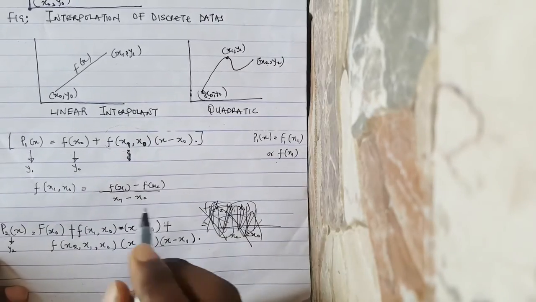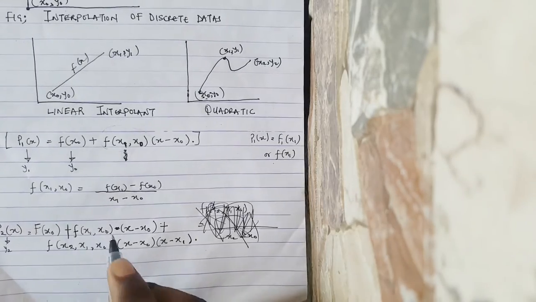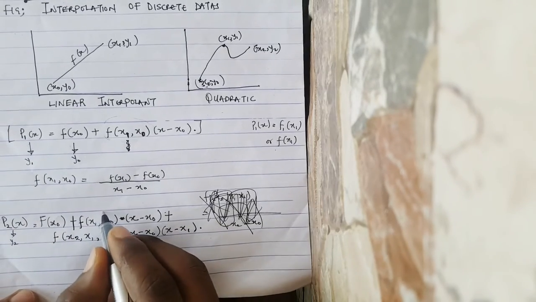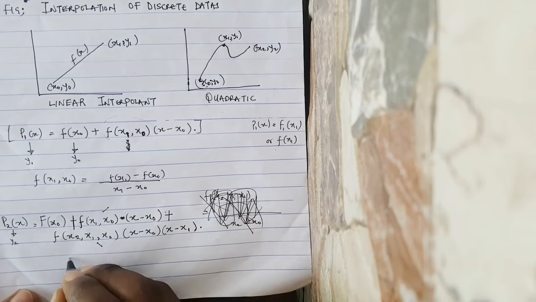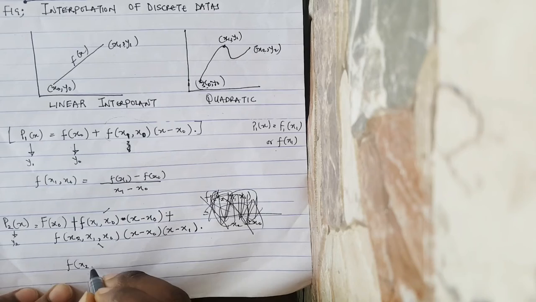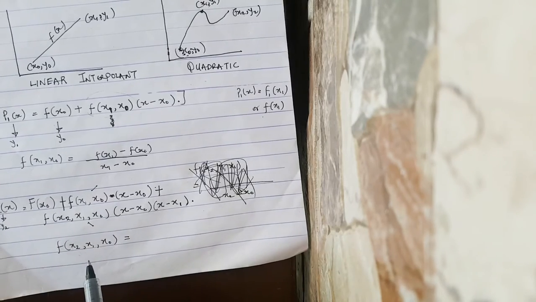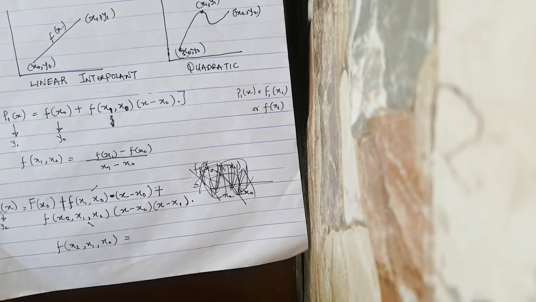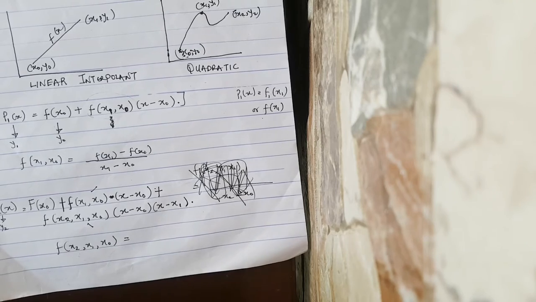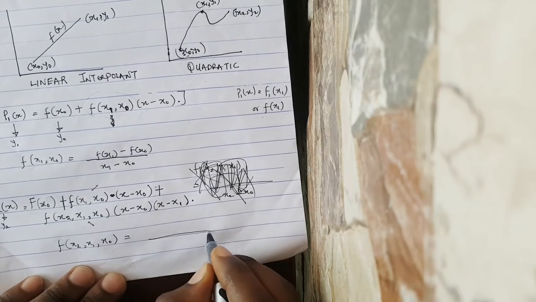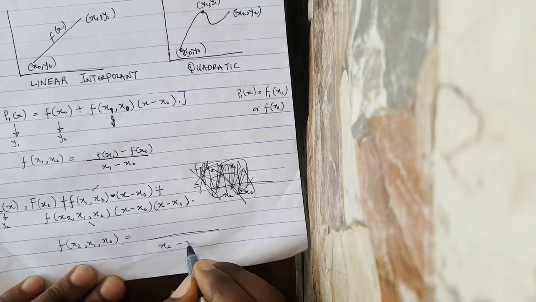Now, what is the value I'm supposed to find here? There are two values, this one and this one, but you already know this one from here. So if I'm going to find this f of x2, x1, x0, this makes me understand that my numerator is going to have a function of two values. First and foremost, I'll draw my denominator, then the range, that is from x2 to x0.